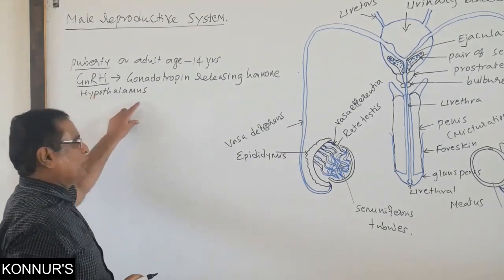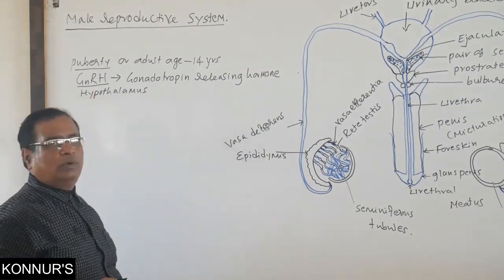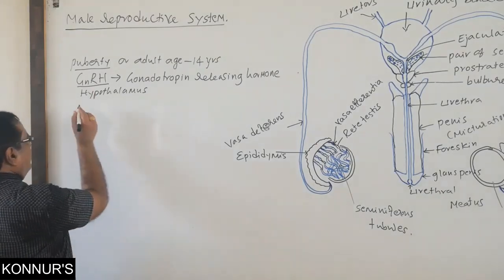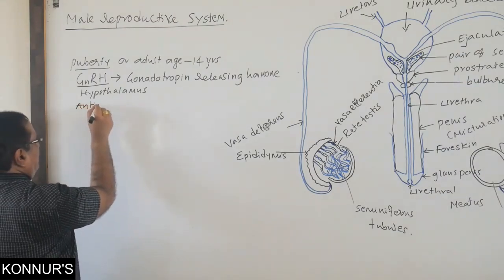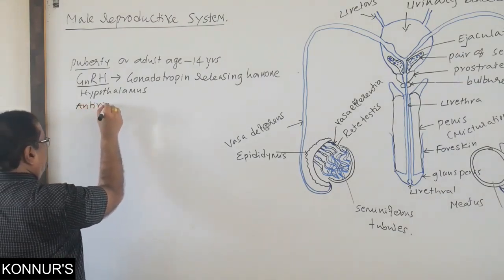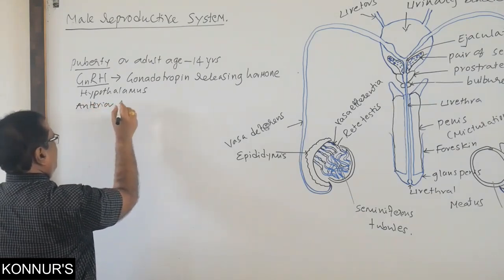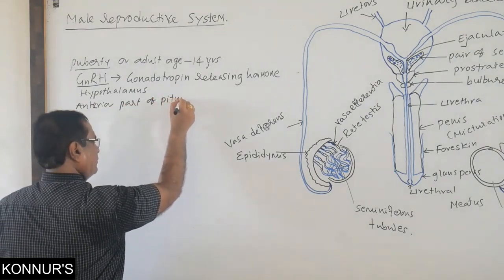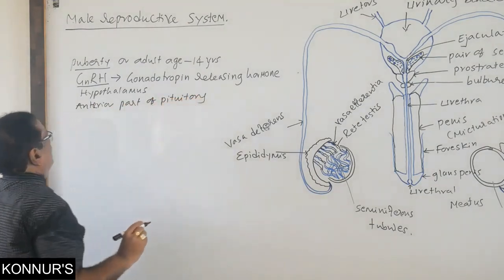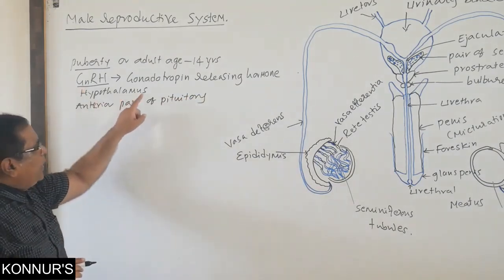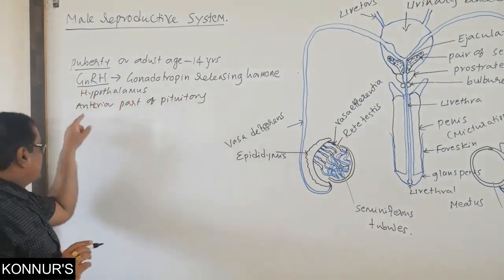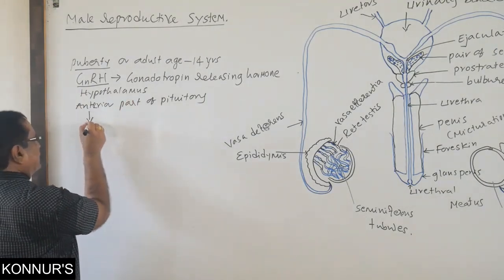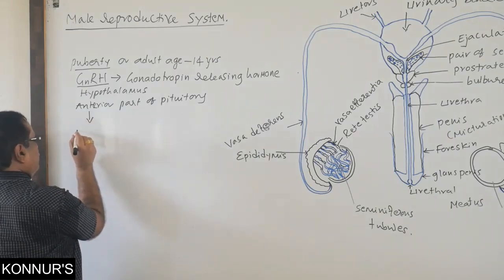Once this hormone is produced, it stimulates the anterior part of the pituitary. When gonadotropin releasing hormone stimulates the anterior part of the pituitary, the pituitary produces two hormones.